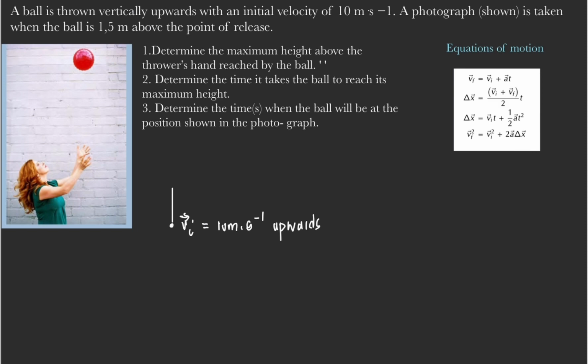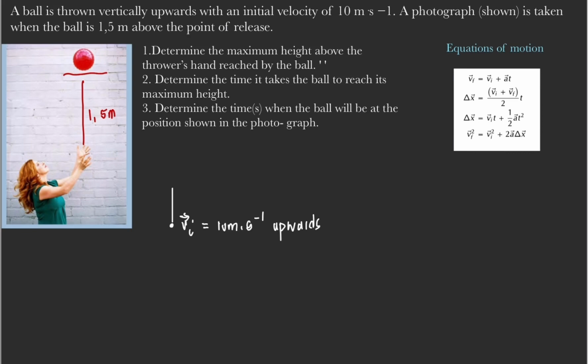And then they say that at this point where the ball is, from the hands, there is a distance of 1.5 meters. A photograph is taken when the ball is 1.5 meters above the point of release. So it means it's not at its maximum height.